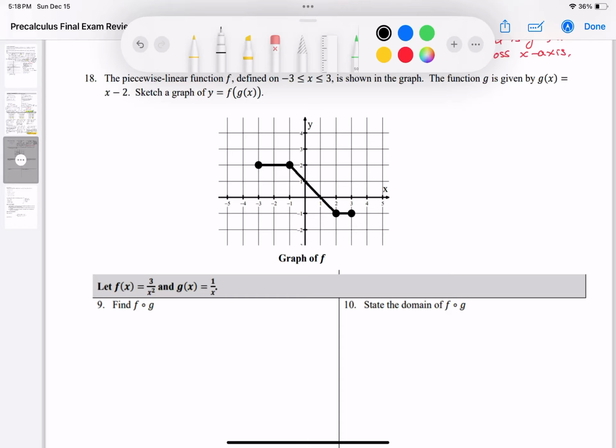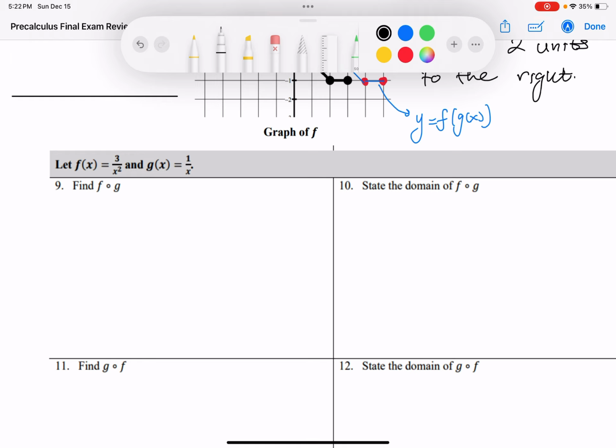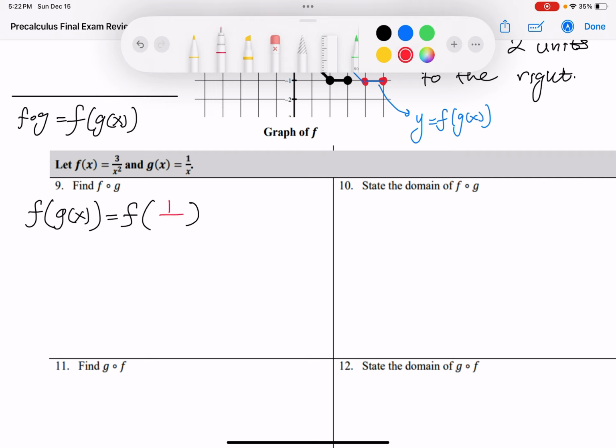I'm going to go up here and remind the audience that when we see f of g, in this case the variable is x, so we can rewrite f of g as f of g of x. g of x equals 1 over x, so we can write that as f of 1 over x.